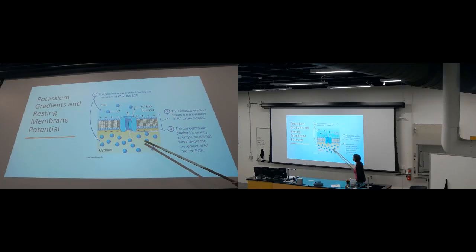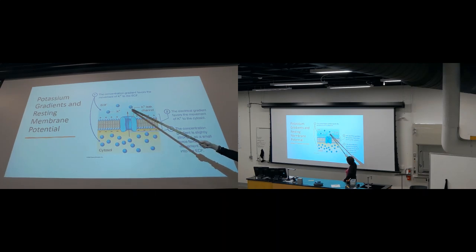Inside the cells, the most concentrated ion is potassium. So based on concentration gradient, because you have more potassium inside the cells than out, you have more exit of potassium through these leaky channels. And you also have more leaky potassium channels than any other type of channels.